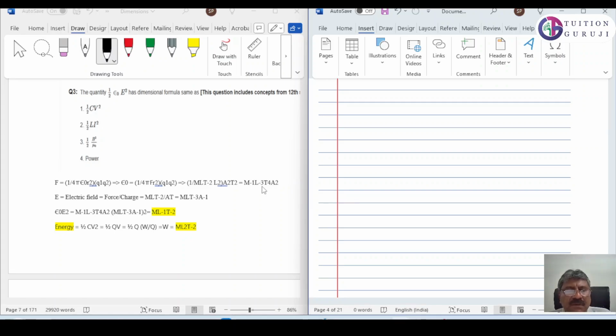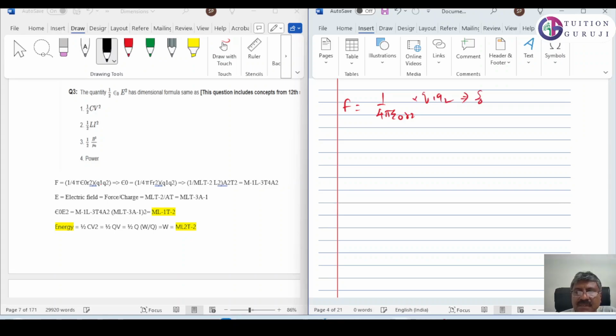Next one: the quantity half epsilon square E square has the dimensional formula same as which one? We have to see whether it is half CV square, or half LI square, or half B square by mu 0, or power. So we know that F is equal to 1 by 4 pi epsilon 0 R square into Q1 Q2.